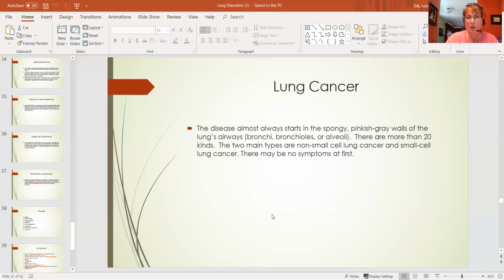It grows very quickly. However, it does respond well to chemo and radiation. So that's small cell lung cancer.